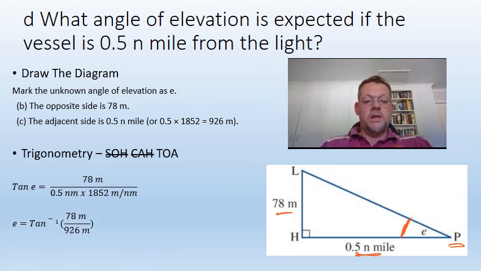Now we know that the tangent of E has got to be that. So to work out the magnitude of the angle E, we're just going to go Shift tan, open your brackets and use your fraction function, folks. It's just going to be 78 over 926 and close your brackets. And that should get us 4.8 degrees.